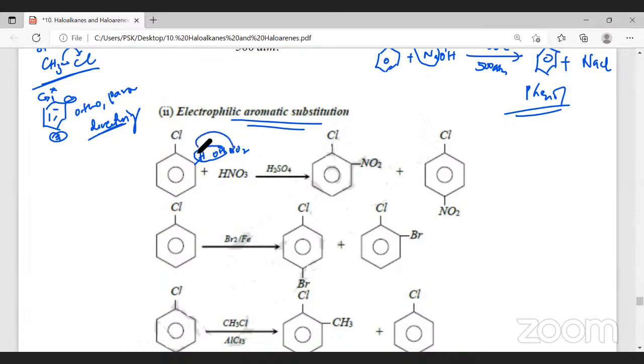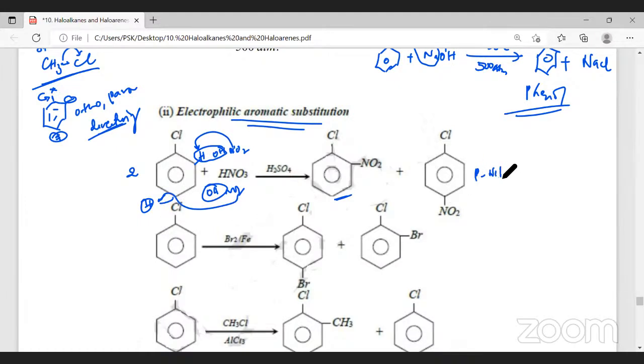In place of H, NO2 goes. So you'll get the ortho product. If I take the second molecule, and show the hydrogen at the para position, with one more molecule of OH and NO2, H and OH get eliminated as water. In place of this H, NO2 goes. So you get the para product.